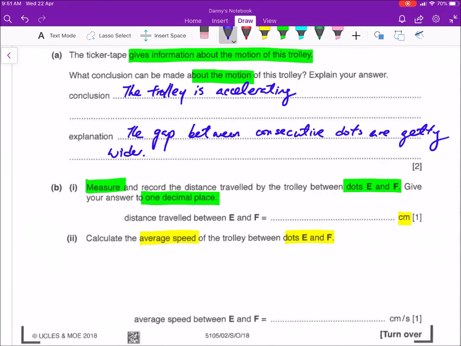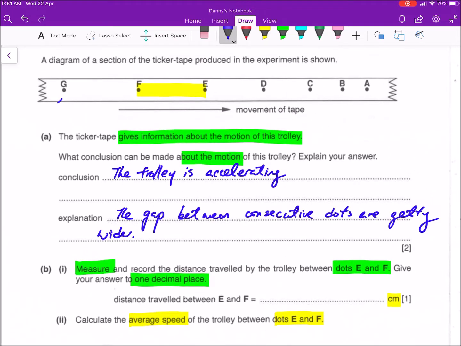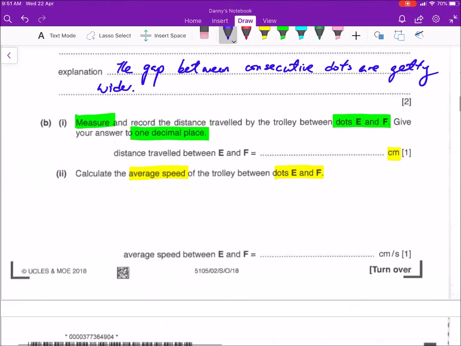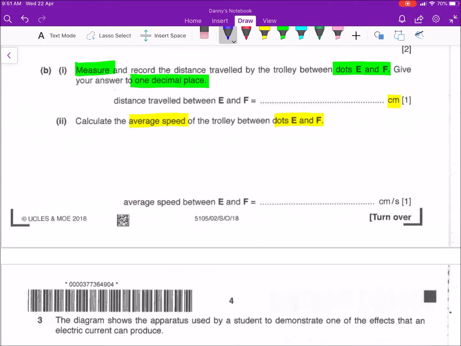So let's say down here you got a number, let's give ourselves a good estimate. If I put a ruler there, let's say 3 cm, I will give a dummy value. So let's say this is 3.0. Average speed is given by distance divided by time. So always write down the formula.